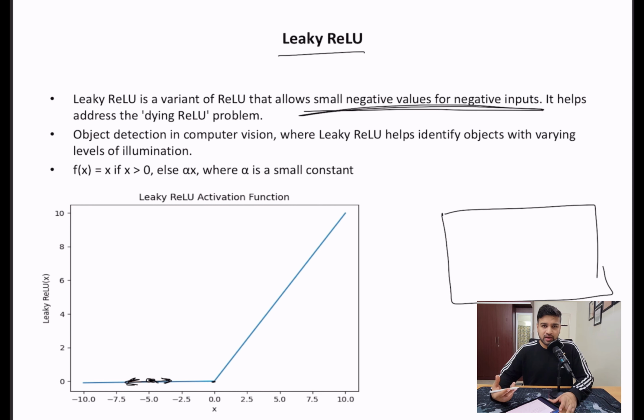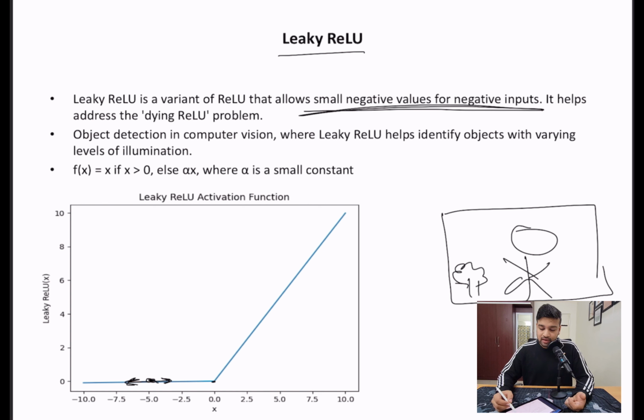Whenever you click an image, suppose you are clicking an image in the night or when the sun is not very bright, or even if the sun is bright, there is a shadow falling on an object or something like that. Whenever the illumination of the image is not very strong or not very high, the pixel representation of that area will be a negative value.